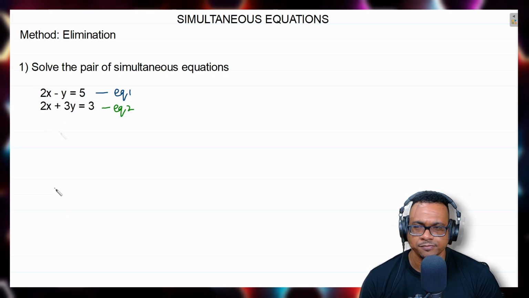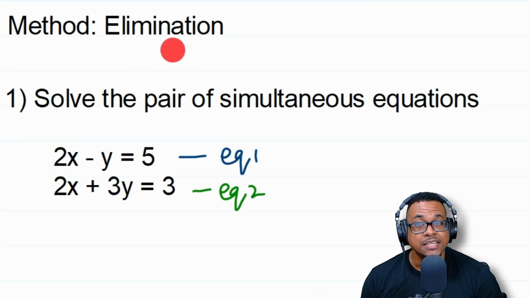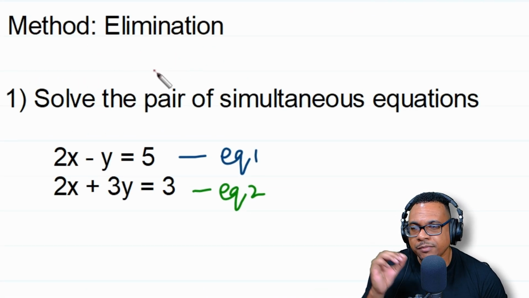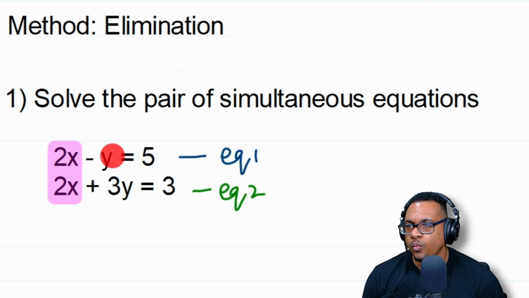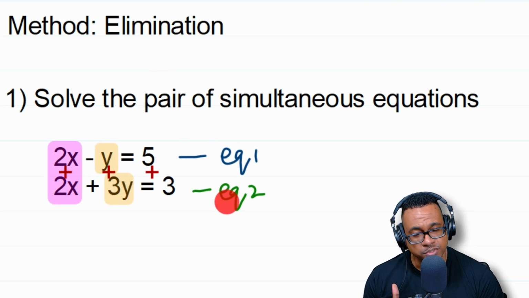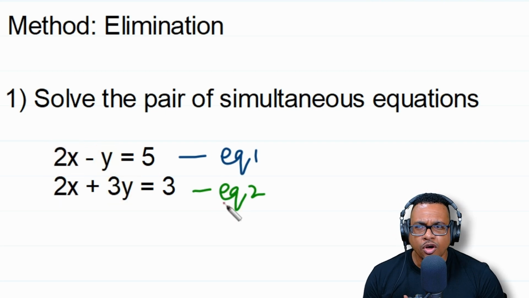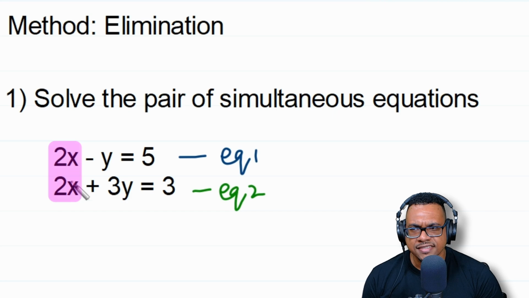Now, with the elimination method, as the word suggests, eliminate, we want to eliminate either the x or the y by either adding the two equations, that's equation 1 and equation 2, or subtracting the two equations. So now, when we look at 2x and 2x, it's obvious that if we subtract 2 and 2, we will get 0.